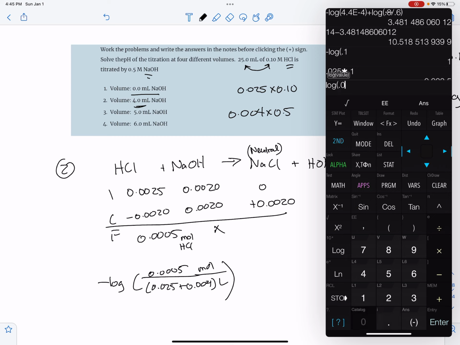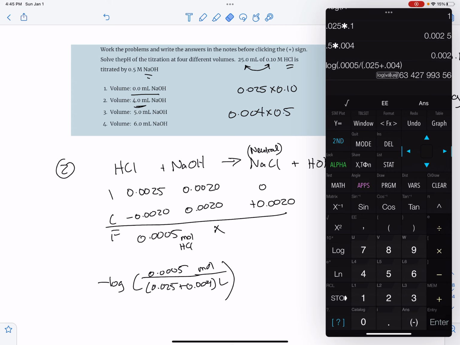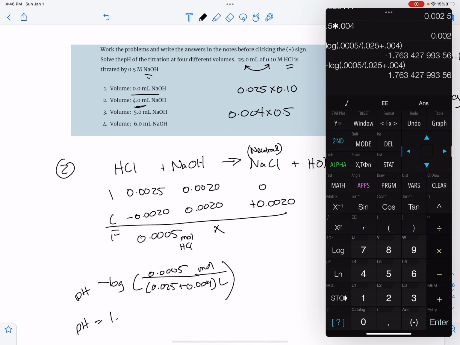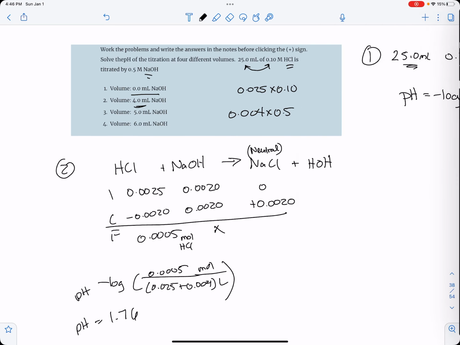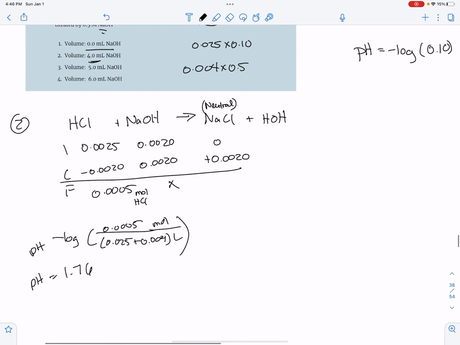Log of 0.0005 divided by parentheses 0.025 plus 0.004. So I'm just trying to get the calculator to do the heavy lift in here. And look at that, I forgot to put a negative on the front. There we go. So my pH is equal to 1.76. So notice it hasn't changed a lot. It started at 1, and now it's at 1.76.